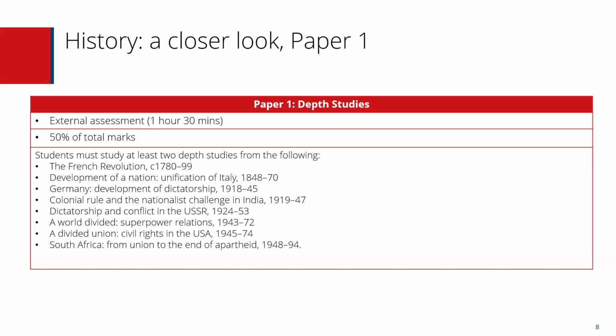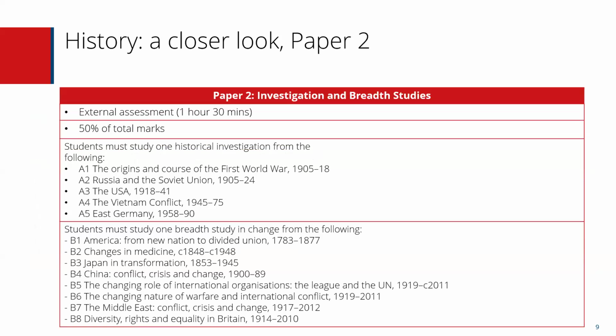But all of them have got schools that are sitting them, and we have students from all of them, and the same with paper 2. I would say in the historical investigation, apart from East Germany, which is a smaller cohort, the others are pretty evenly spread out, really.